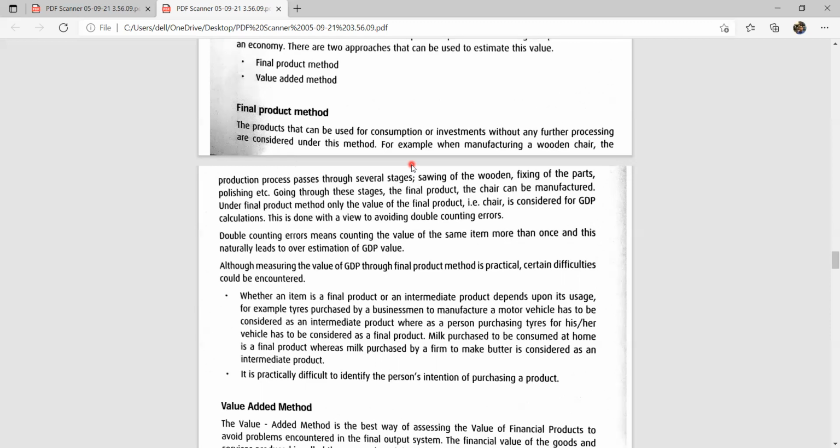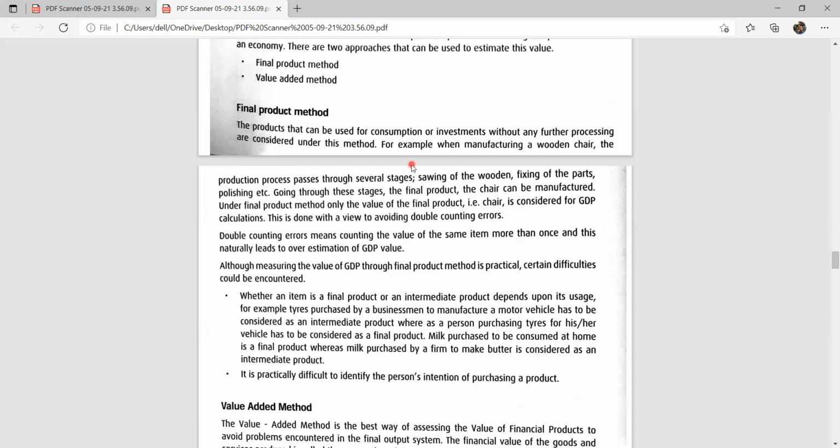Right now, under the final product method, we consider only the value of the cake. All intermediate industrial production is ignored. Sugar, ignored. Wheat flour, ignored. Coloring, ignored. Then we consider only the cake company to calculate the country's GDP. But there is a problem. Sugar is not only for manufacturing cake.